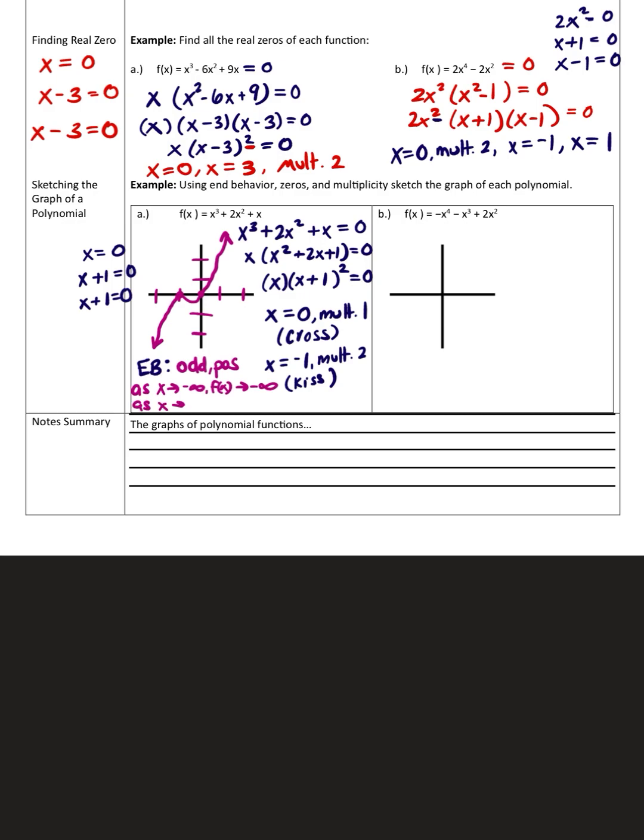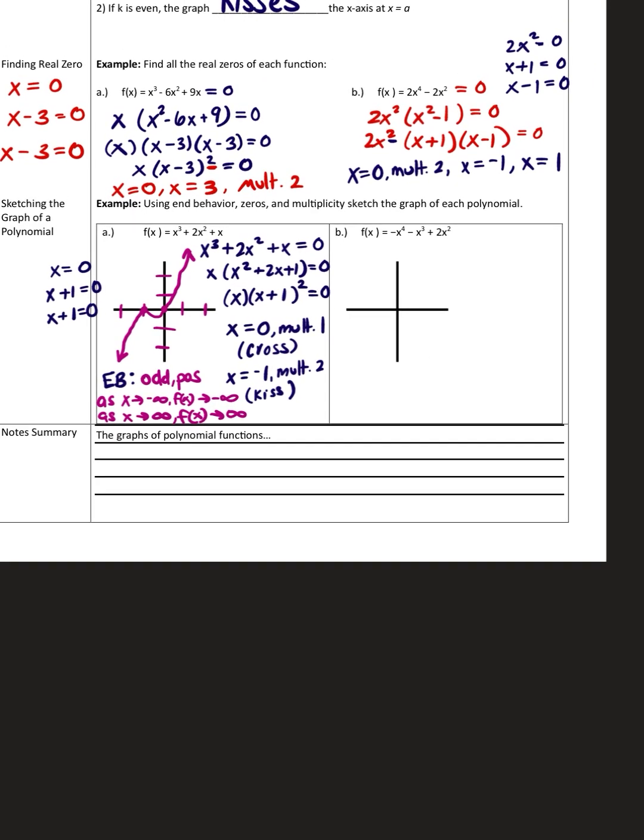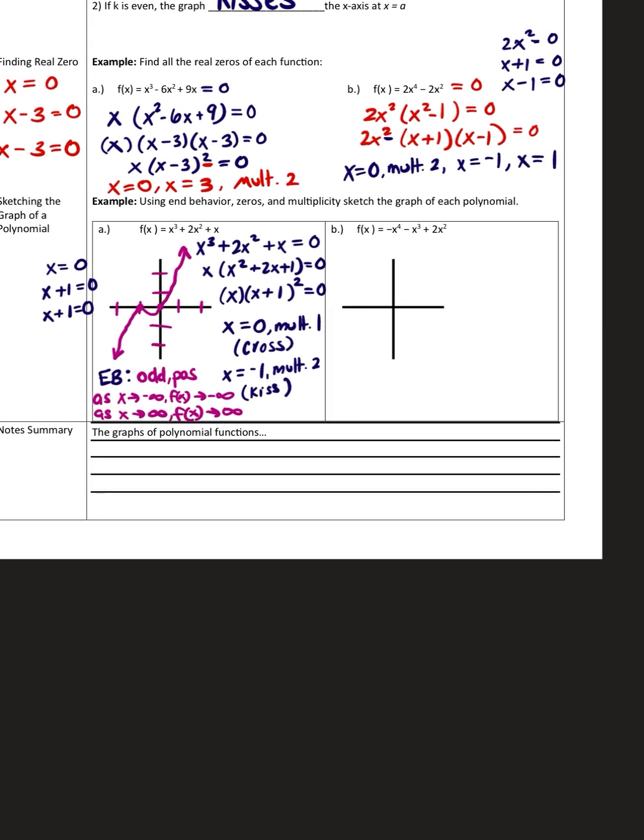As x approaches +infinity, f of x approaches +infinity. All right. So that's how we combine everything that we talked about today in sketching the graph of a polynomial. All right, so let's go to the next problem.